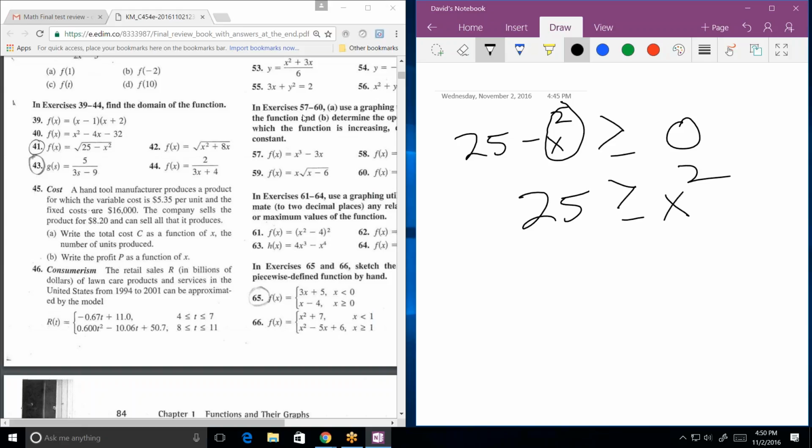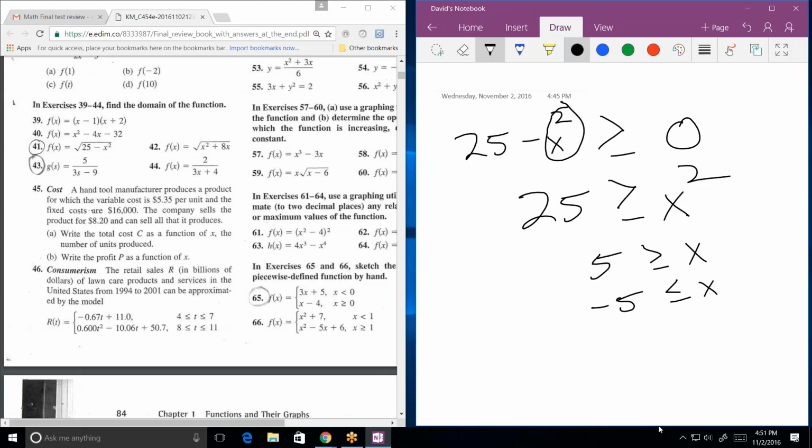Same principle when you are taking the square root of both sides. I end up with x is less than or equal to 5, but I also end up with x is greater than or equal to minus 5.